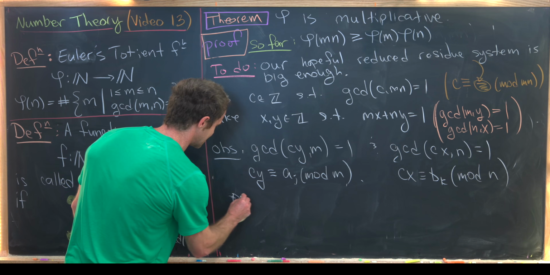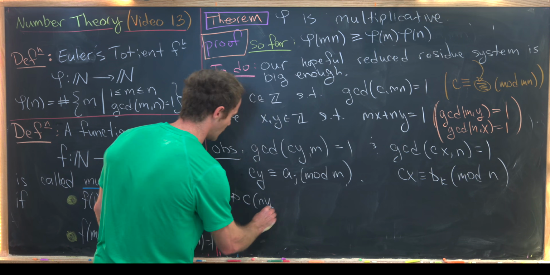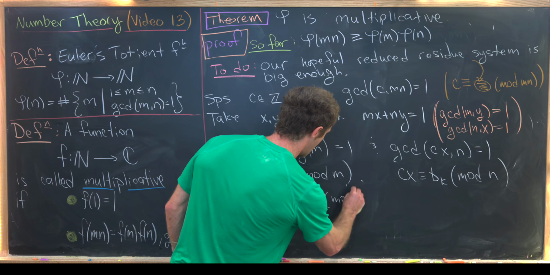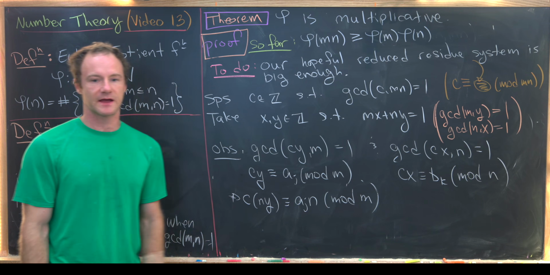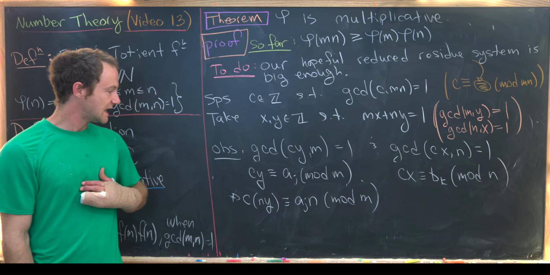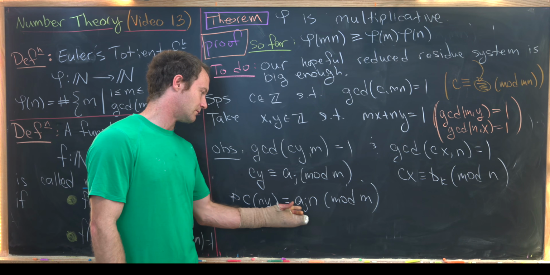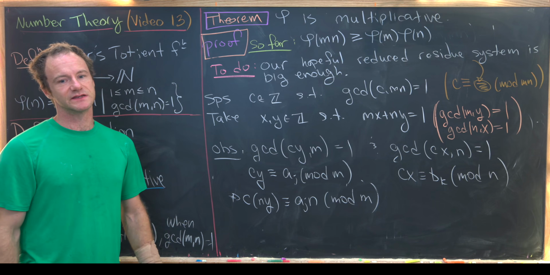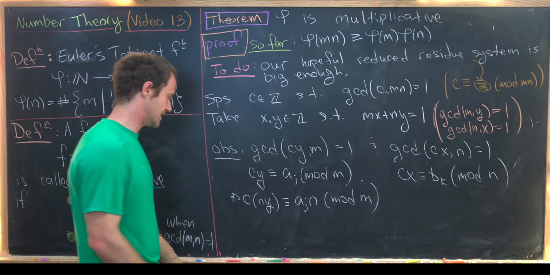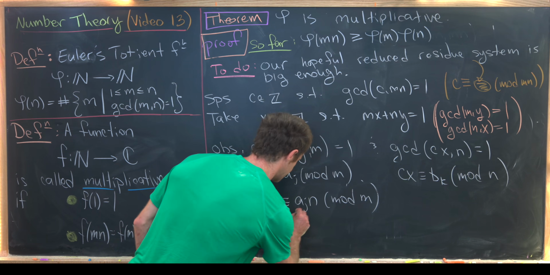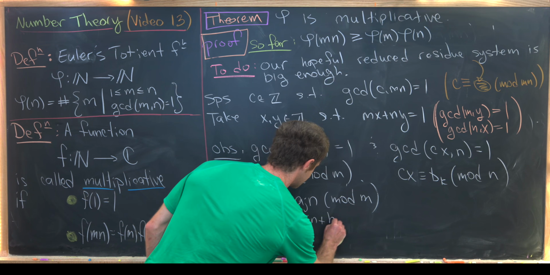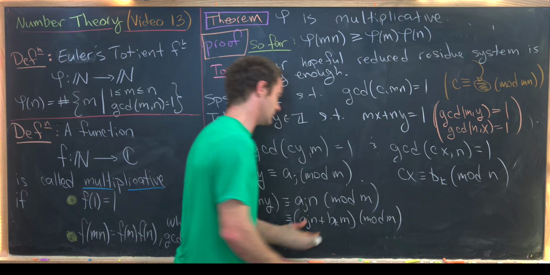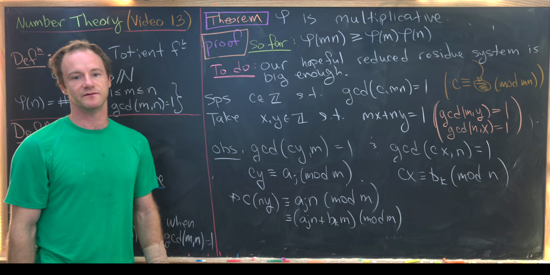So notice that that is going to give us C times nY is congruent to A_J times n modulo M. And then from here, we can freely add a multiple of M to the right-hand side, and that doesn't change anything because M is congruent to 0 mod M. So notice this is going to be congruent to A_J n plus B_K m mod M. Again, we just added this fancy version of 0.